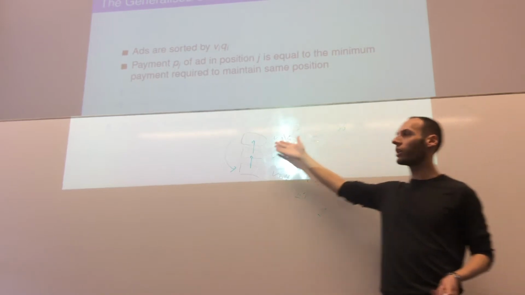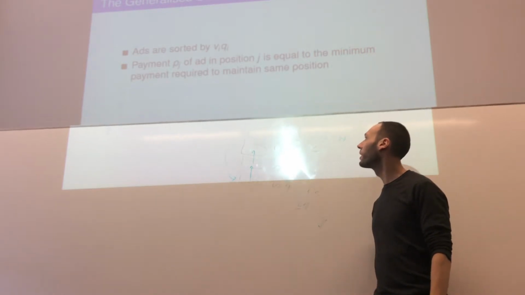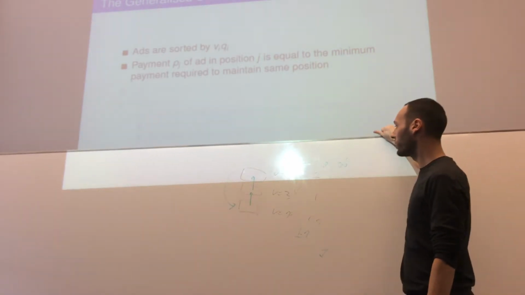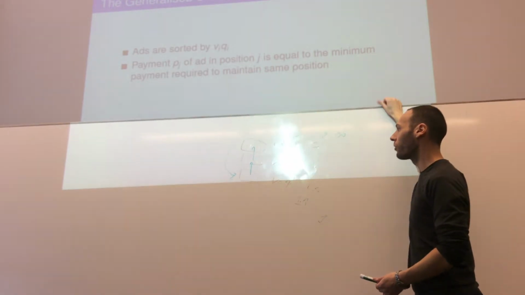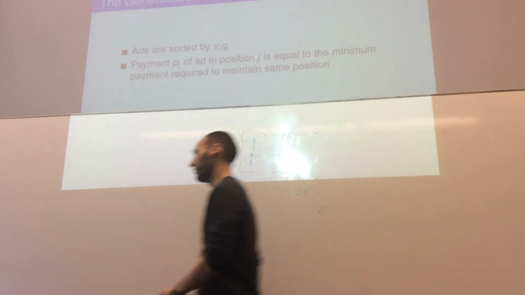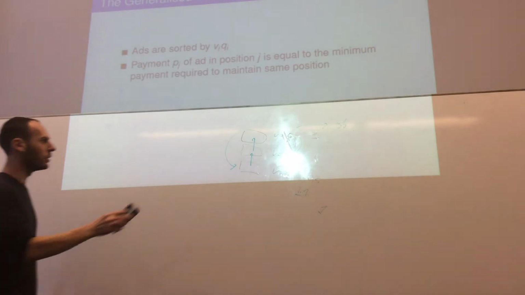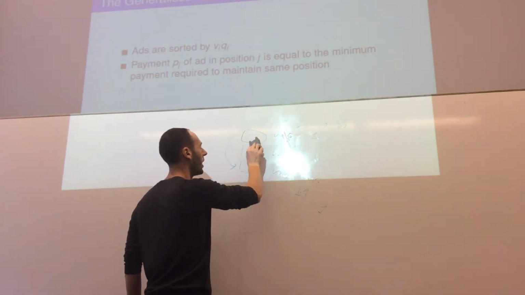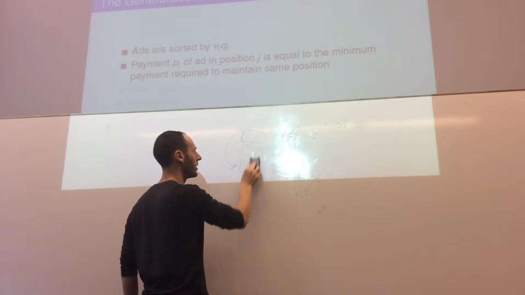So this auction still works in practice, even though it's not completely incentive compatible. So, this was looking at value only, but we don't have value only, we have quality as well. Okay, but the principle is the same. The principle is that the payment is equal to the lowest amount I would have had to pay and still maintain the same position.